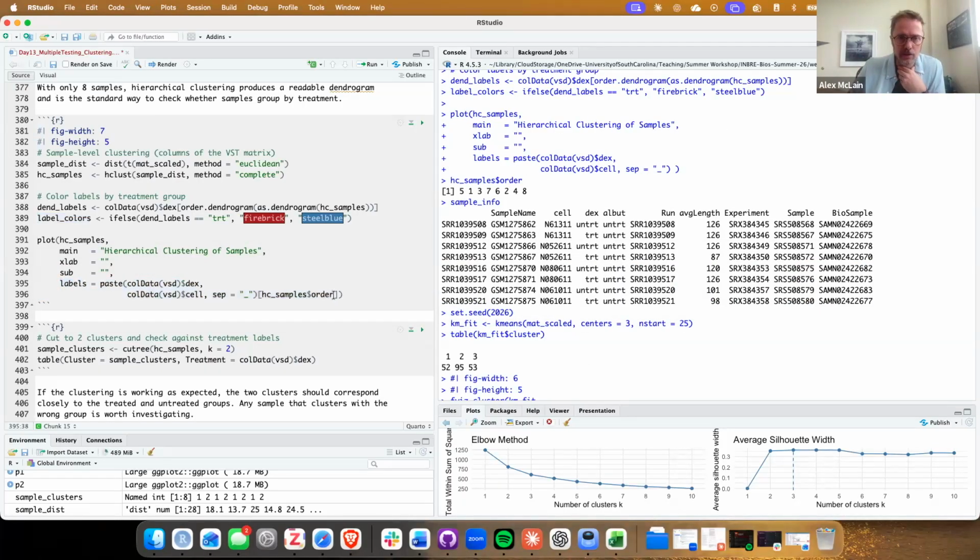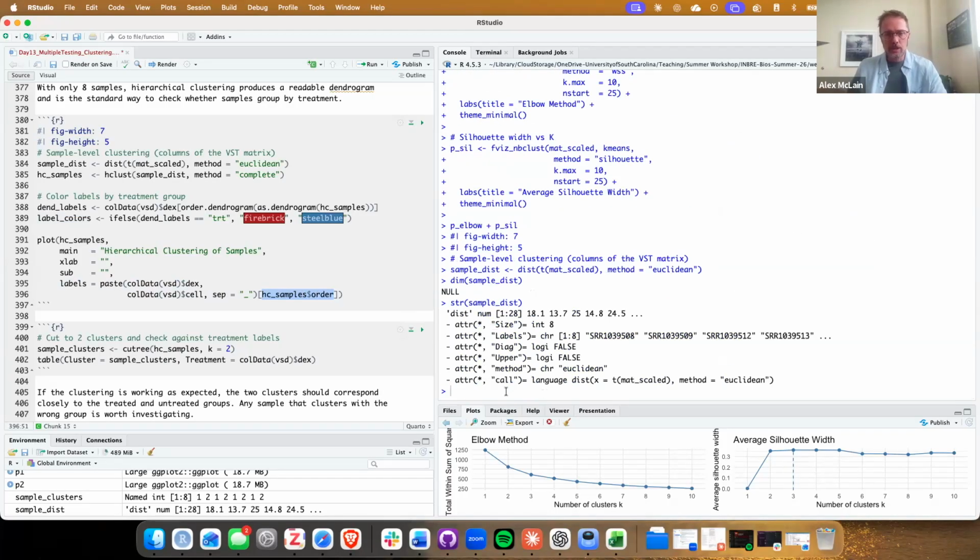And you can see that I'm using this order here. So I'm taking the hierarchical clustering and I'm using $order.